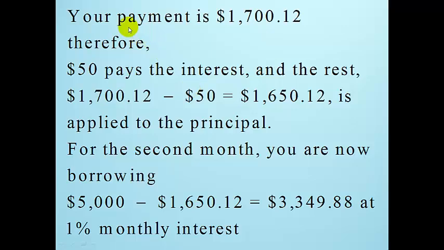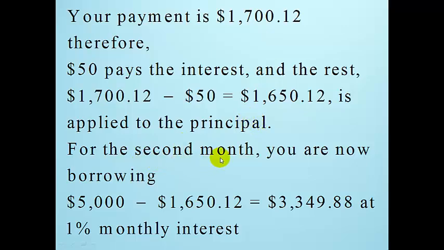So take note, the monthly payment is $1,007.12, but when we calculated the simple interest on the principal, we have $50. That means that the $50 pays the interest, and the rest, how do we find the rest? We subtract the $50 simple interest from the monthly payment, that is $1,007.12, and the result is $957.12. This is applied to the principal.